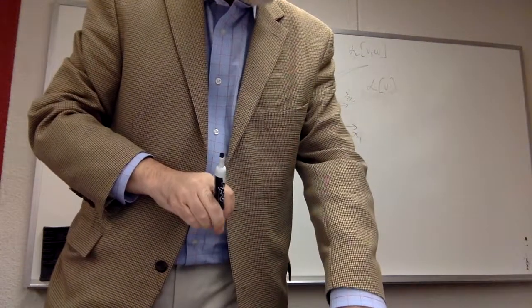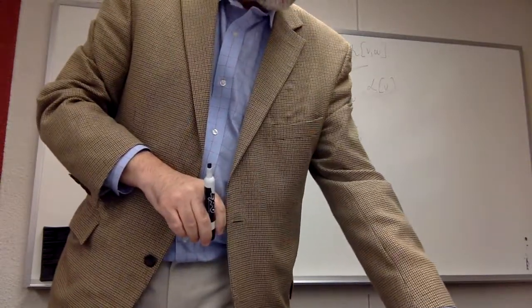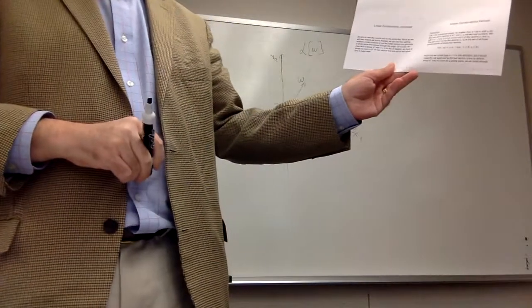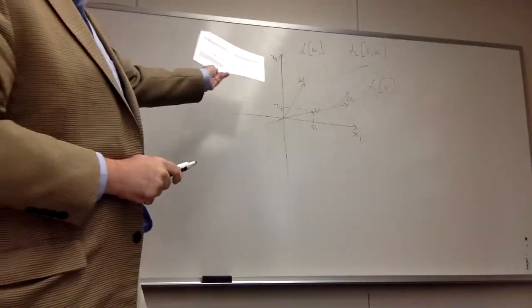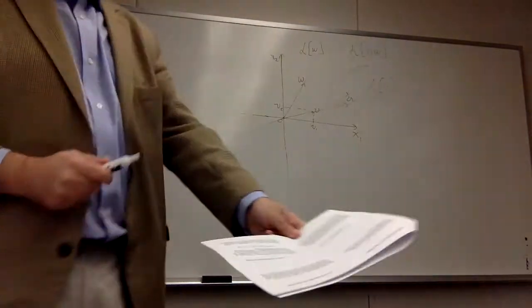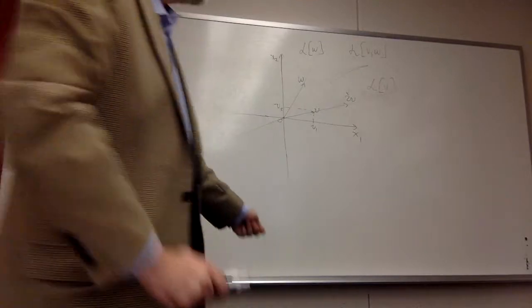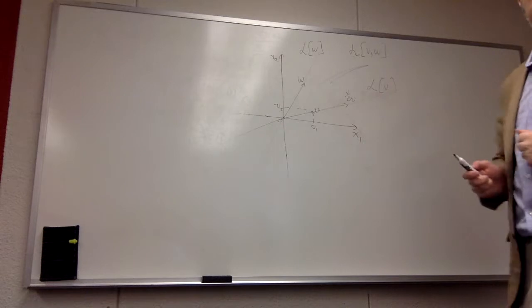That is, on the bottom of this page, the linear combination is defined, right? I used v and w instead of v1 and v2, but I'm talking about the same thing. How can I, you ask, generate any point in the whole plane here?